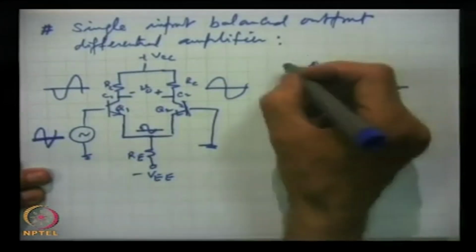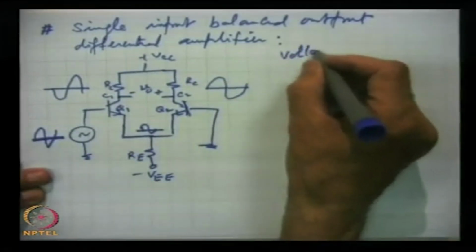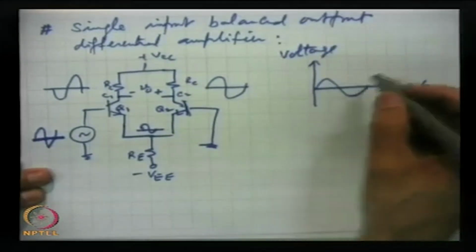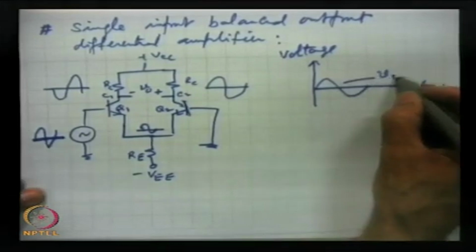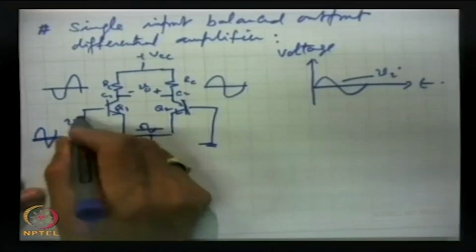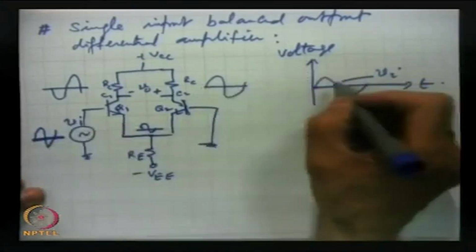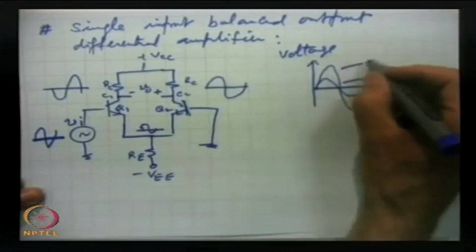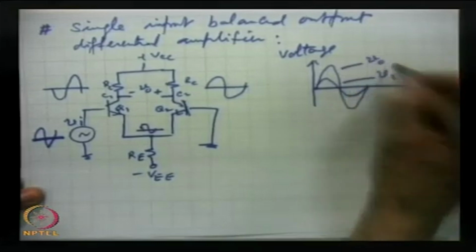This is the voltage against time, this is Vi, and the output is in phase with it. This is V out.